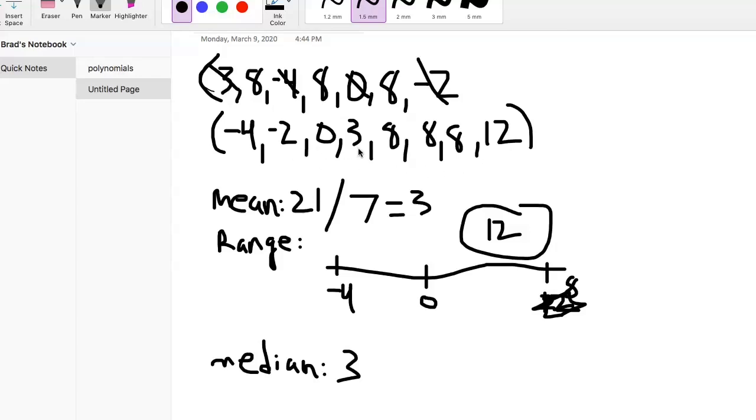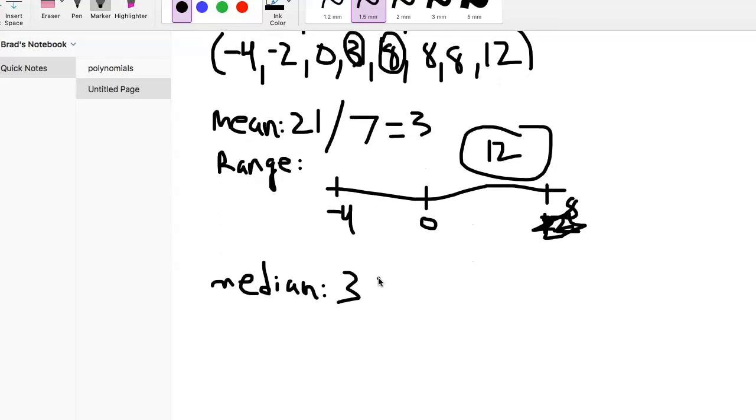Because there's 8 numbers, and in this case, you would take the 2 middle numbers together, which is the 3 and the 8. All right, so you'd have 3 plus 8, you divide it by 2, right? So that's 11 divided by 2, and that's 5.5.